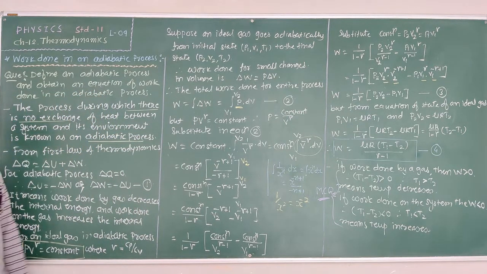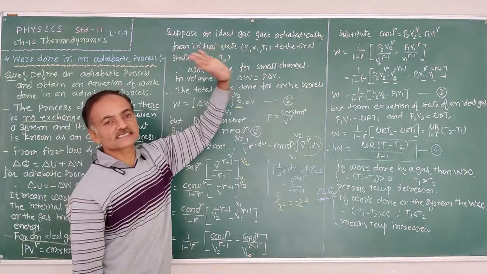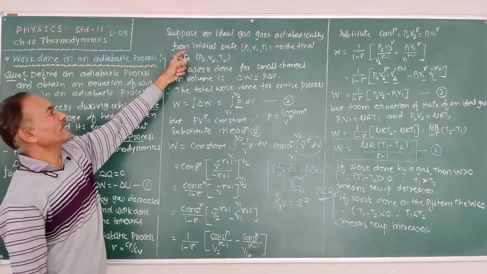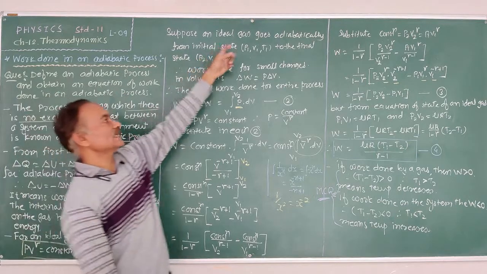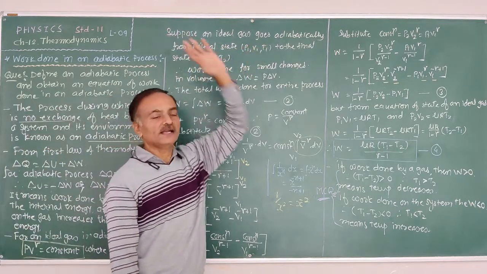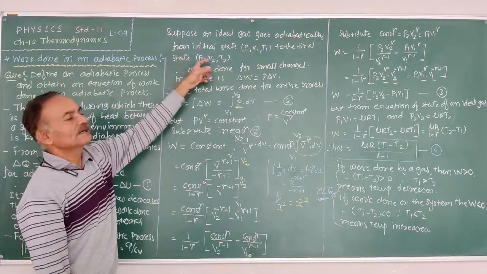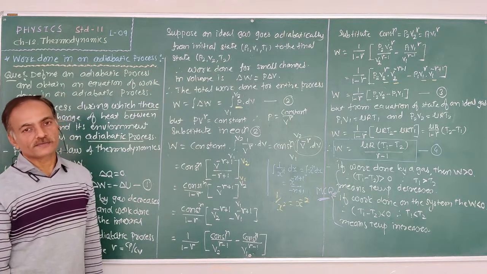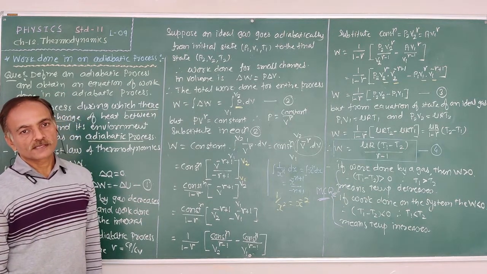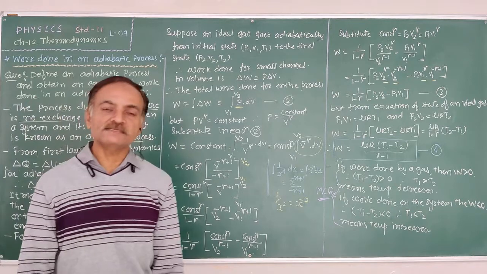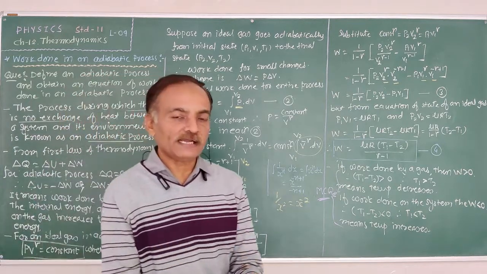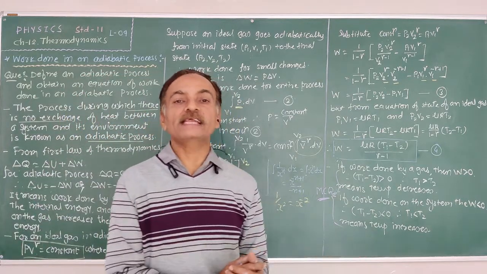Now suppose an ideal gas goes adiabatically from its initial state P1, V1, T1 to the final state P2, V2, T2. Here the gas or system changes its state from initial to final adiabatically.